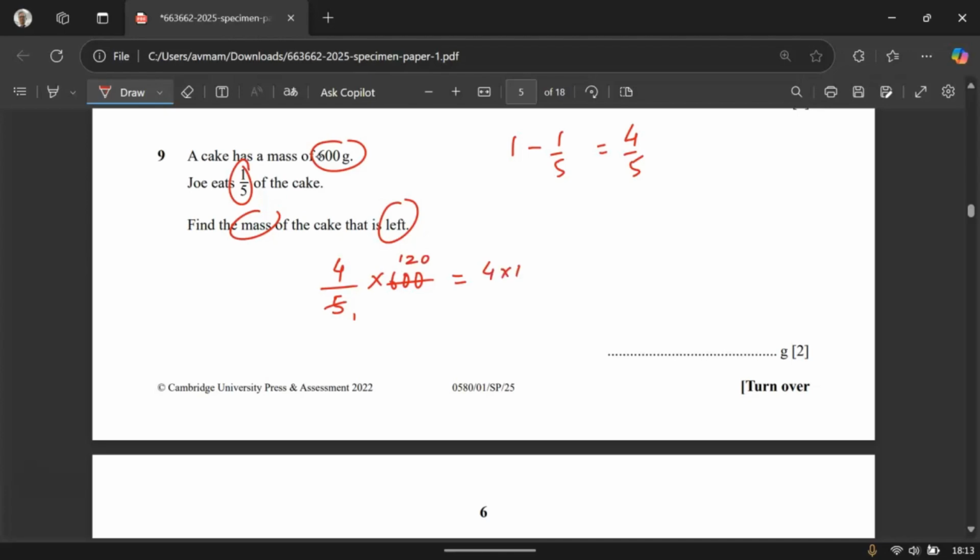Now 4 times 120 will give you 480. Alternatively, you can calculate 1/5 of 600 and then subtract from 600. So 120, and then 600 minus 120 will give you 480.